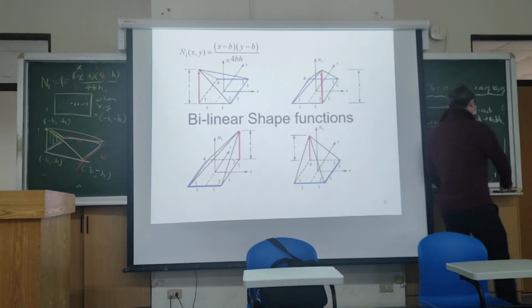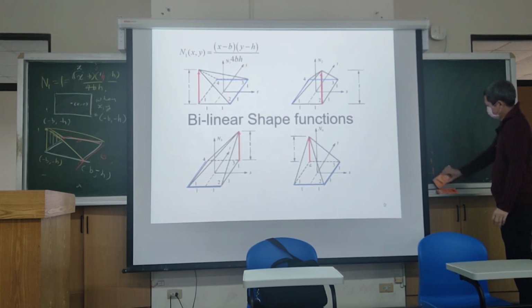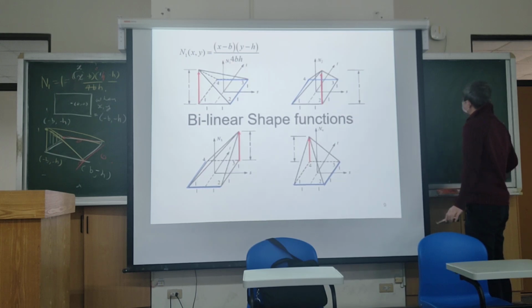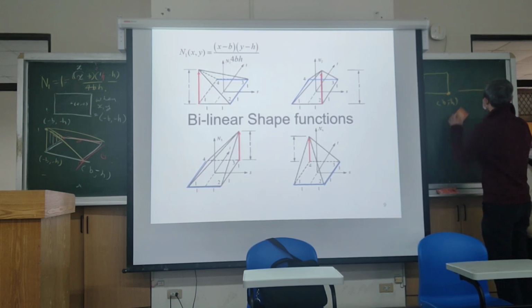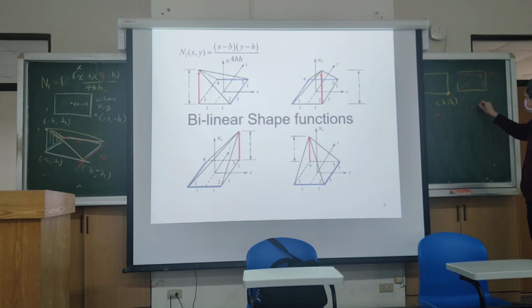And then next, we are looking at the second point. Okay, what is the shape function? Okay, so that is not 0. How do you write this N2? For N2, basically we follow the case of node 1; it should be x plus b, then minus h.